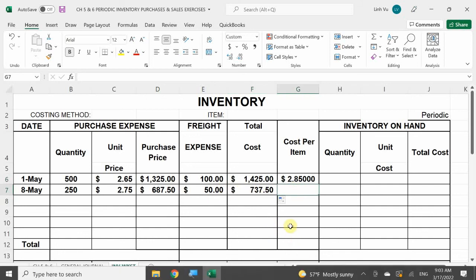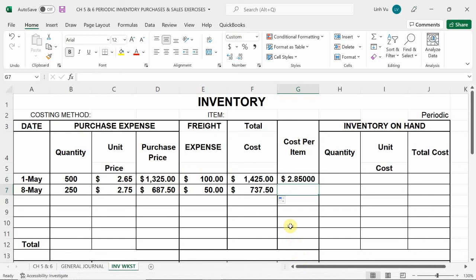So in this case, I need to keep my batches separate, right? So I need to solve for my cost per item. What's my cost per item here? $2.95 even. Okay.